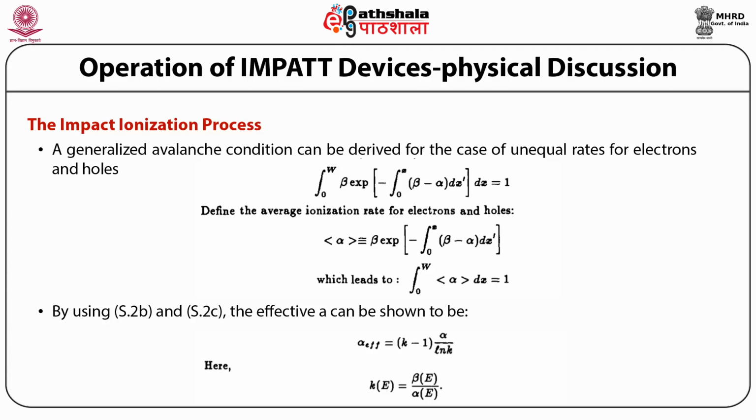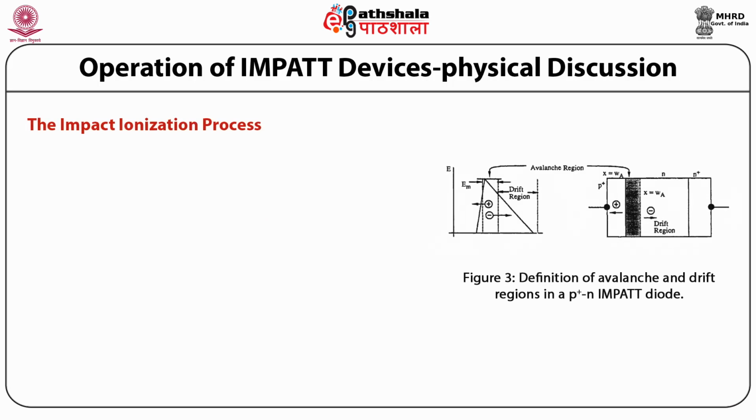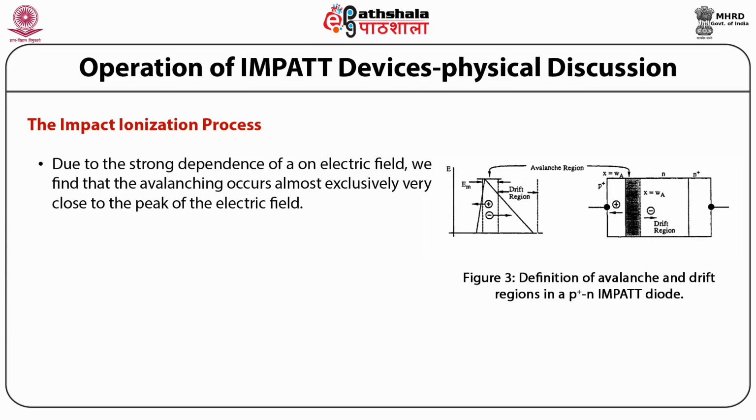This value of the average alpha can be used with very accurate results for gallium arsenide. Now, due to strong dependence on the electric field, we find that the avalanching occurs almost exclusively very close to the peak of the electric field.